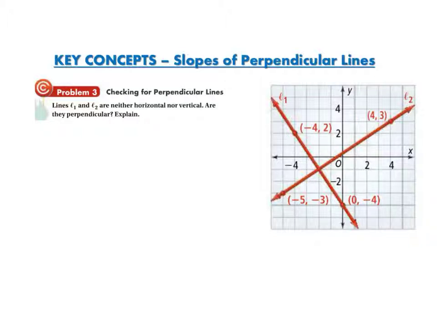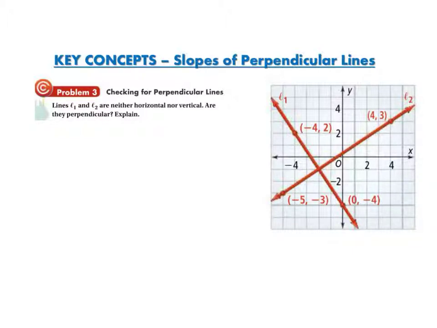Here we have two lines, line 1, line 2, and the question is, are these lines perpendicular? So once again, we need to calculate the slope of each line to find out if they are perpendicular. So let's start with line 1.